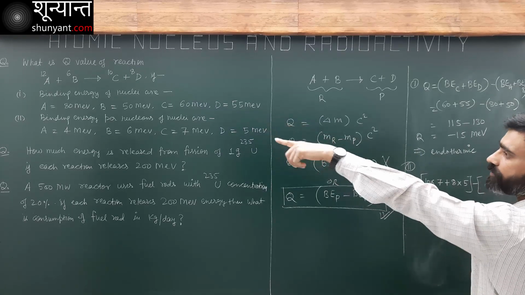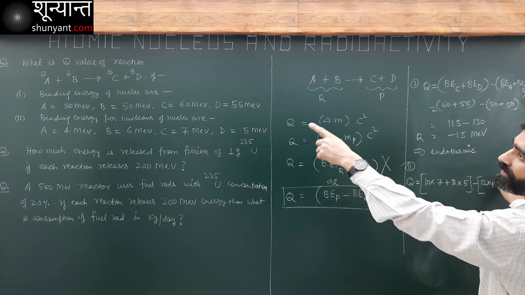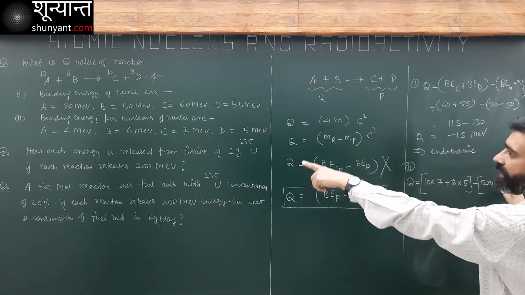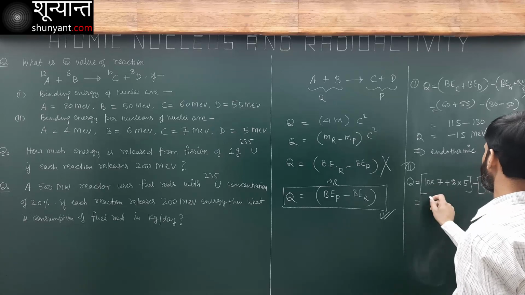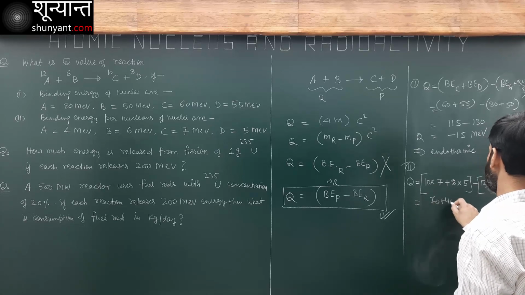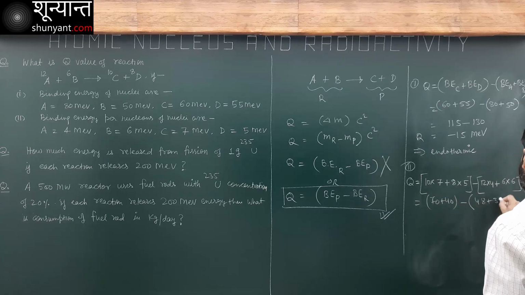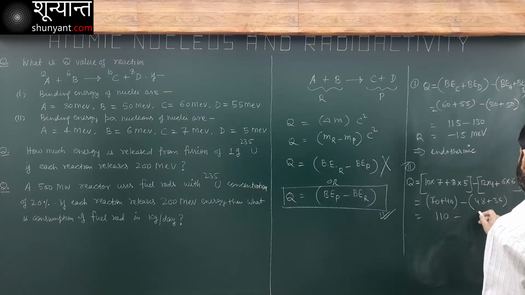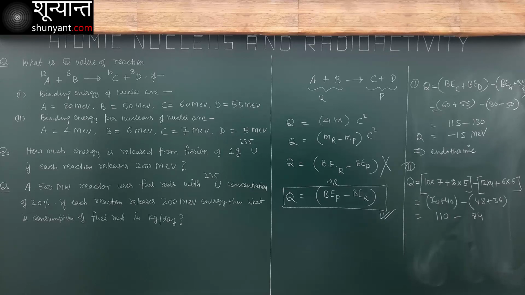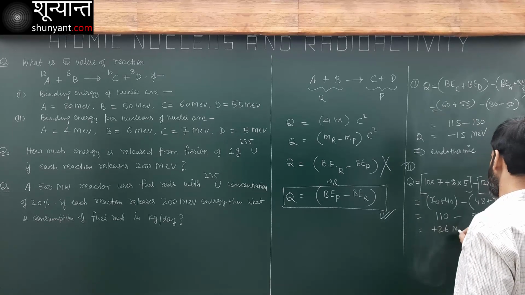A is 12, so 12 times 4, plus B is 6, so 6 times 6. So 70 plus 40 minus 48 plus 36. This becomes 110 minus 86, so that becomes plus 26 mega electron volt.